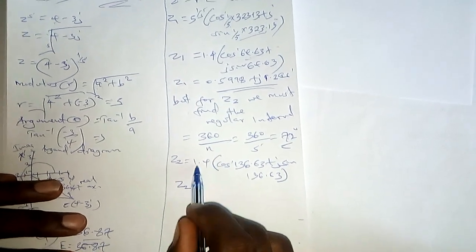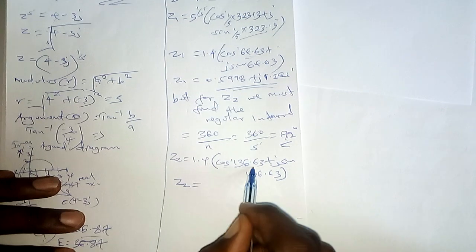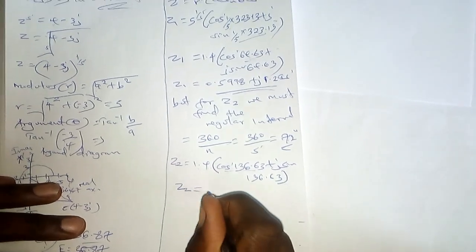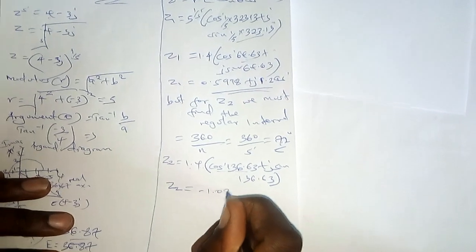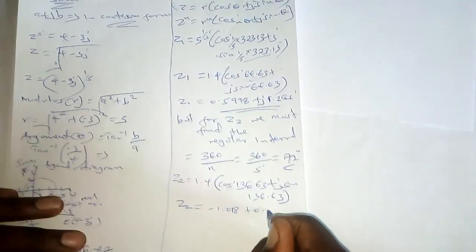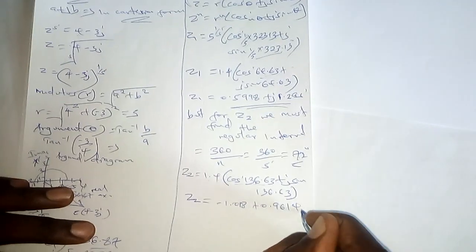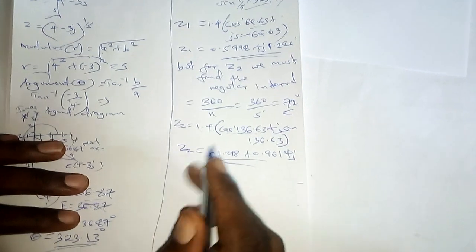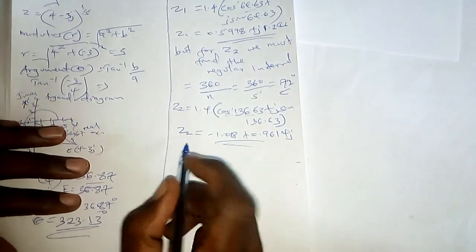When you simplify out, you get z2 as negative 1.018 plus 0.9614j. Then we continue next.